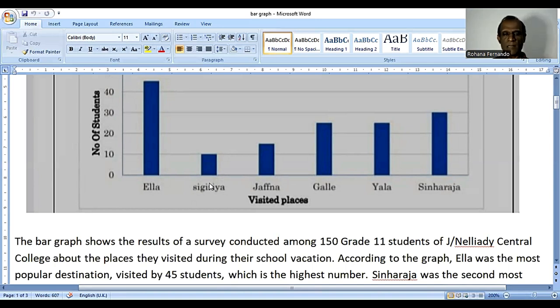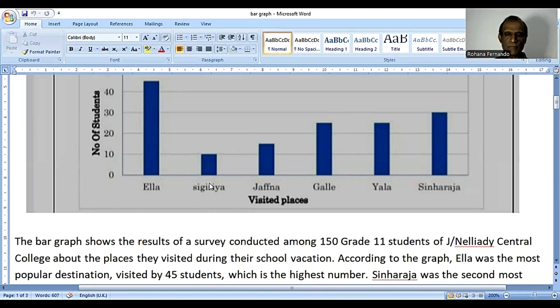Right. The bar graph shows the results of a survey conducted among 150 grade 11 students of Jaffna Nelliyadi Central College about places they visited during their school vacation.